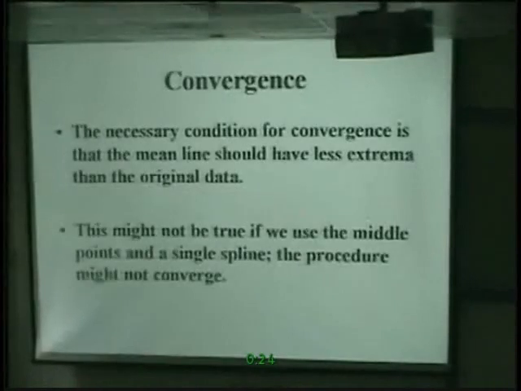Yeah. If we use the middle point and a single spline, this may not be true. This is what I just alluded to, that with the convergence, you can have components, but the components do not satisfy this condition. At the time that we tried this, we got 27,000 points of components, but it was still not stopping. So we finally stopped the procedure, and we found that, gee, we have so many components. We looked at each component.